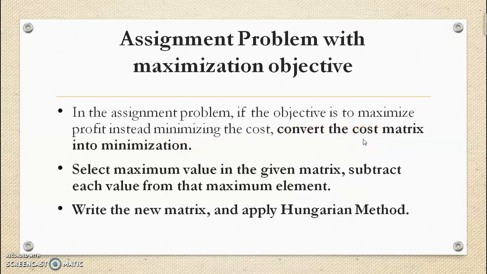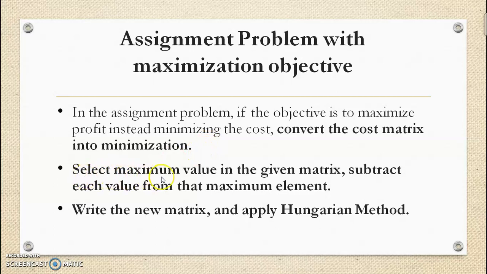Though the profits are given in the table, in terms of assignment model we call it a cost matrix. So usually the given matrix is referred to as the cost matrix. Then it is to be converted into minimization. Now how to convert the given profit matrix into minimization?